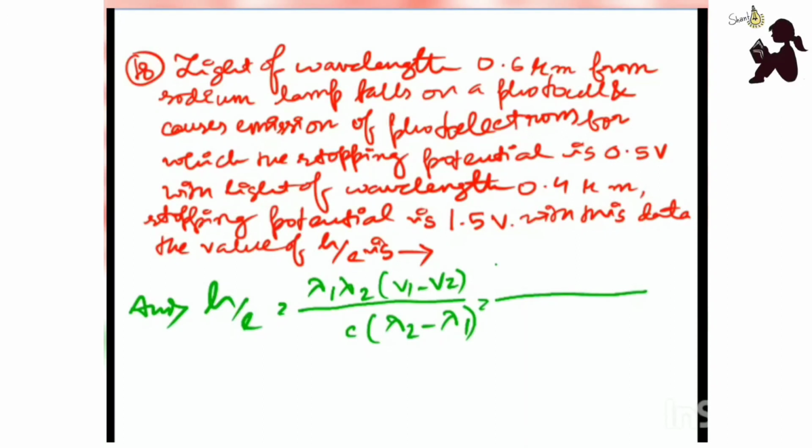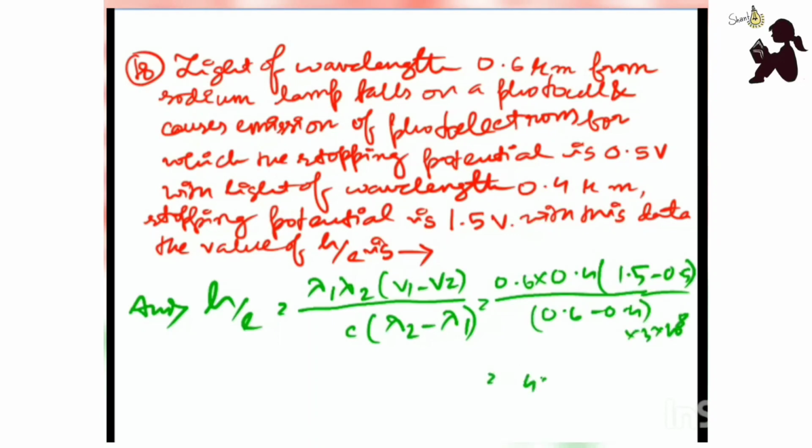So let's put them: 0.4 into 1.5 minus 0.5 by 0.6 minus 0.4 into 3 into 10 to the power 8. If we calculate this, the value will be 4 into 10 to the power minus 15 volt second.